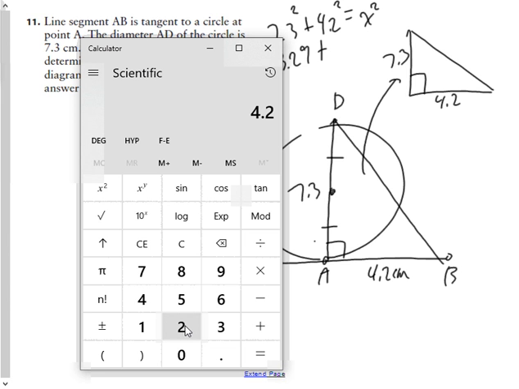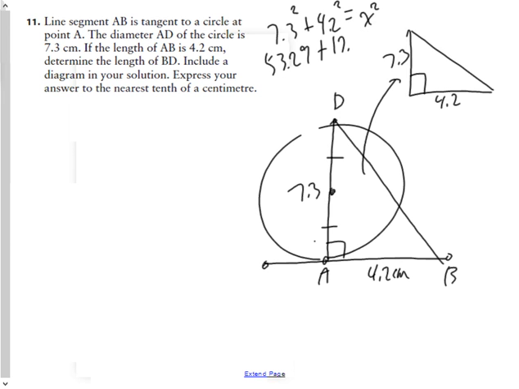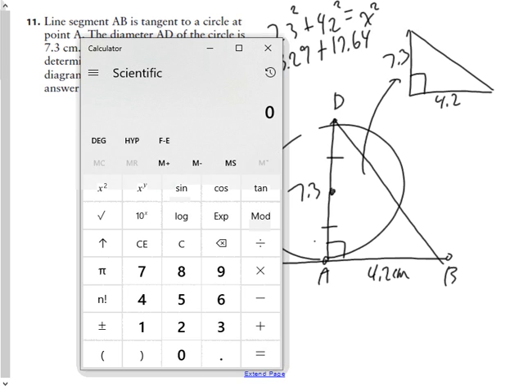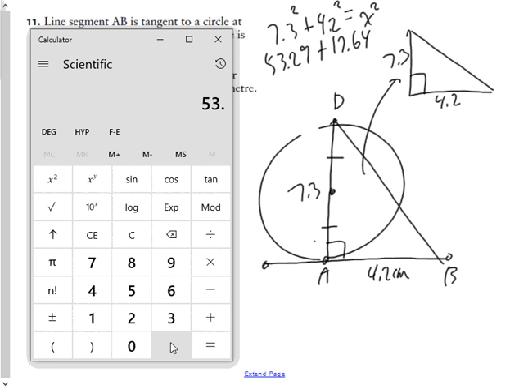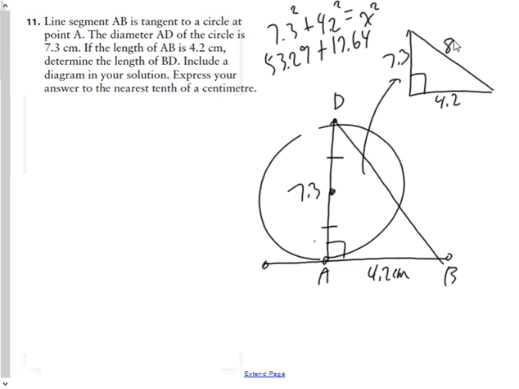Or sorry, 16, I don't remember. 17.64. Add those two together. So 53.29 plus 17.64 equals 70.93. So if I square root that, I get the distance of 8.4 right here. So the distance of D to B is approximately, rounded up, 8.4 centimeters.